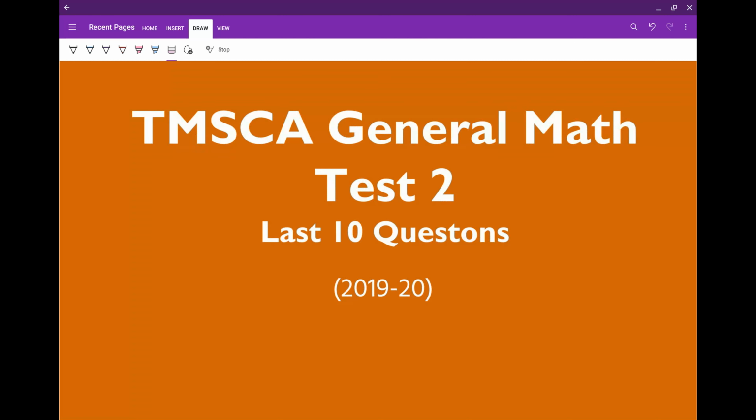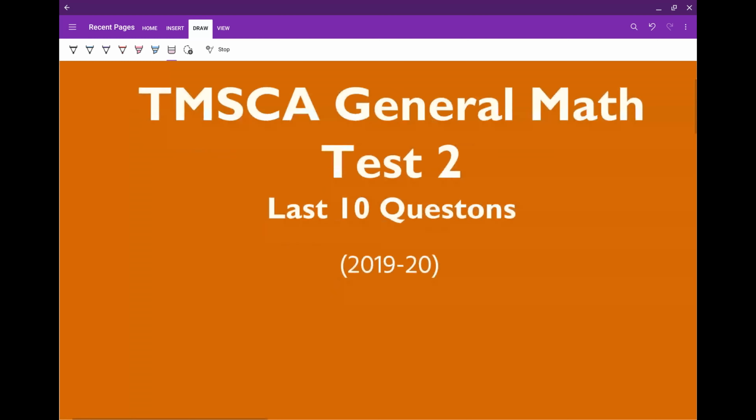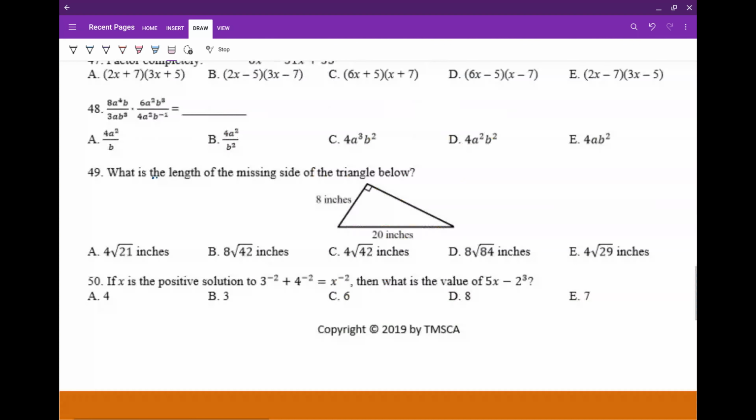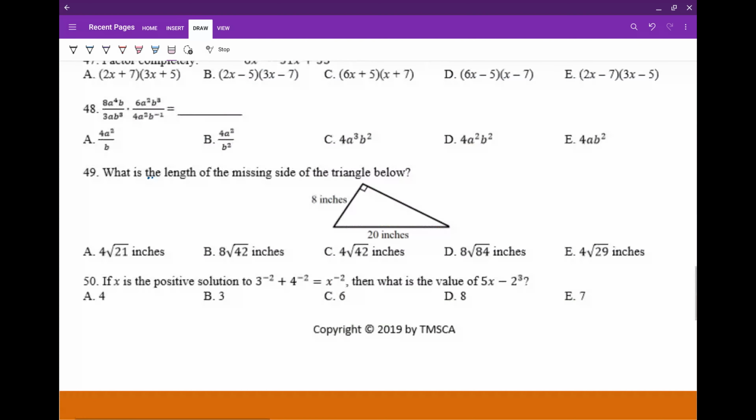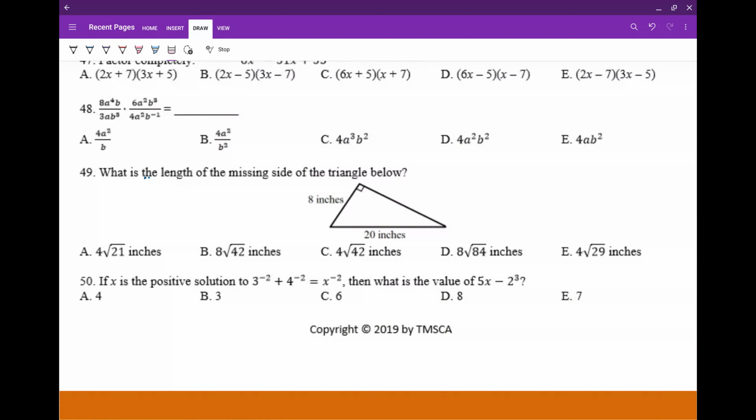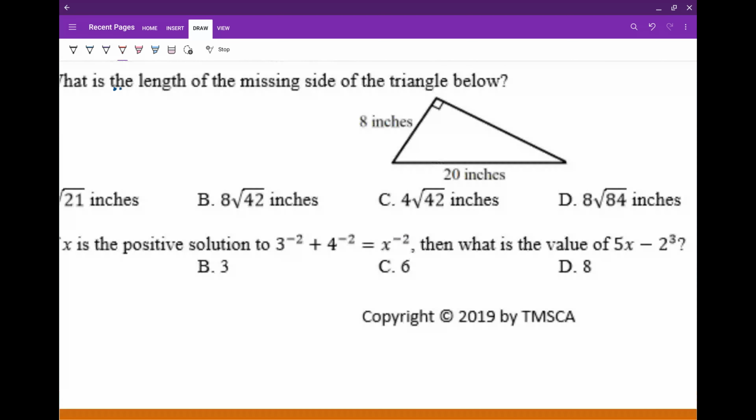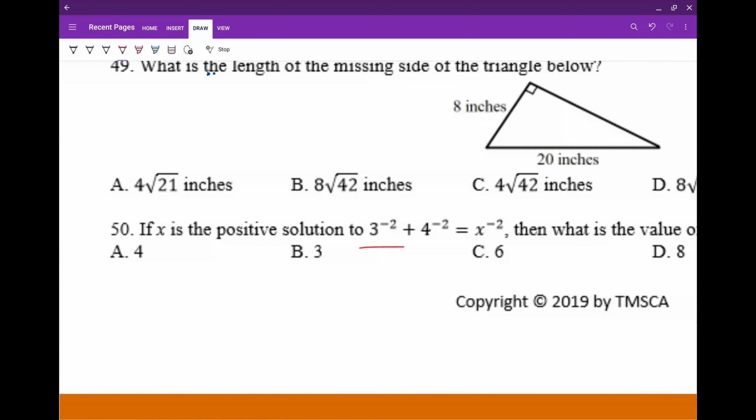We're on question 50 of General Math Test 2. 50 is saying if x is the positive solution of that, then what is the value of 5x minus 2 to the third power? Well, let's just rewrite this. Let's worry about the 5x minus 2 cubed later.